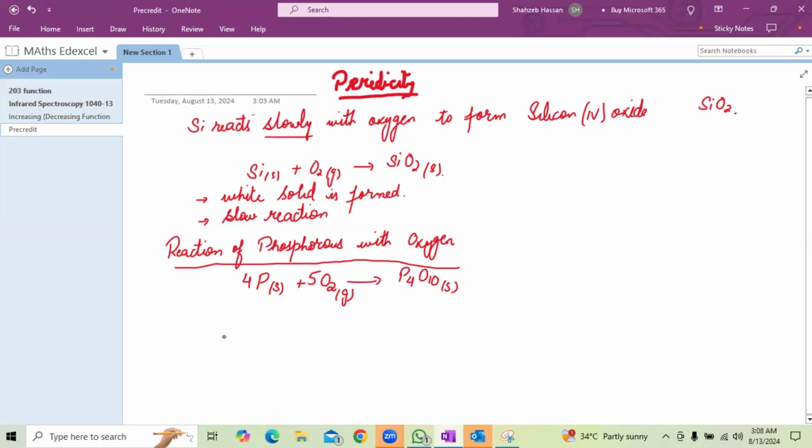Okay. So what are the observations? A yellowish white flame is seen. Okay. And then we are going to have a white cloud of phosphorus oxide formed.